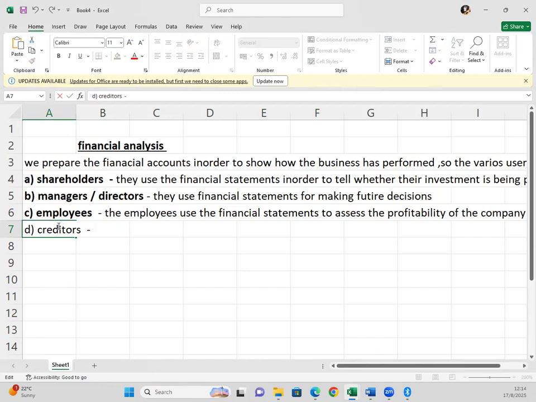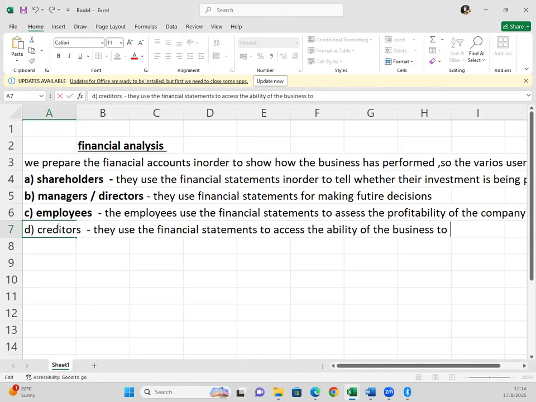So they look at the financial statements. Is our financial health okay? Is the business in a position? So they use the financial statements to assess the ability of the business to pay their debt.